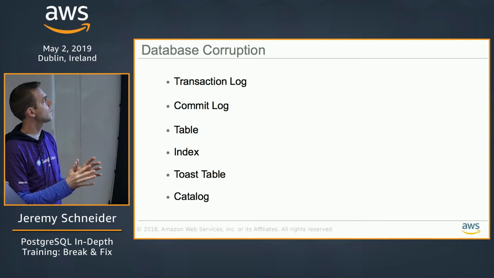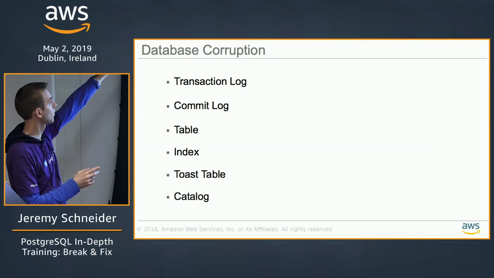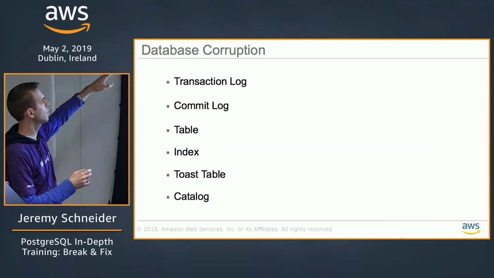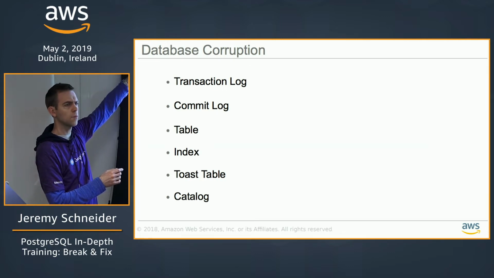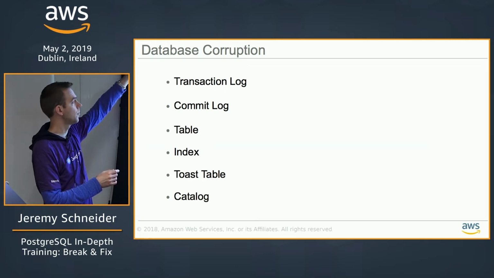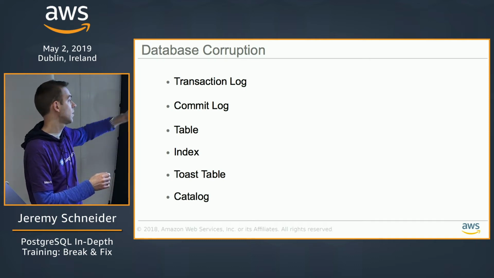We haven't talked a lot about, well, the transaction log, that's the WAL, the write-ahead log is what that's talking about. That was the old name for it. We haven't talked a lot about the commit log. I think we've mentioned it this week in class, but we haven't gone in depth yet. I don't think we've talked about what TOAST is at all this week.